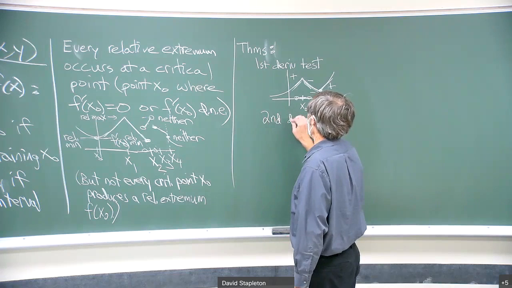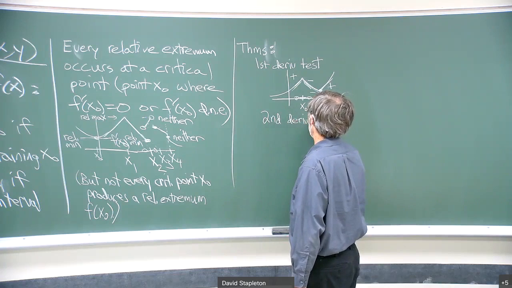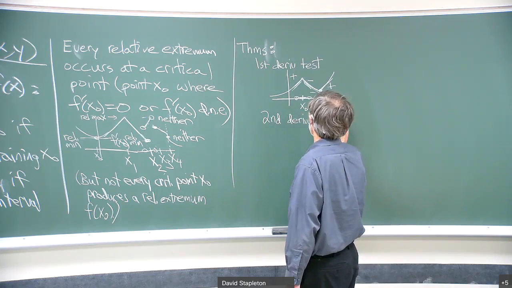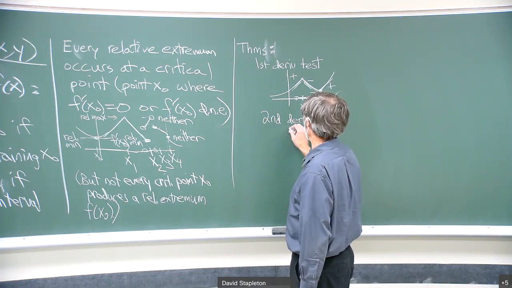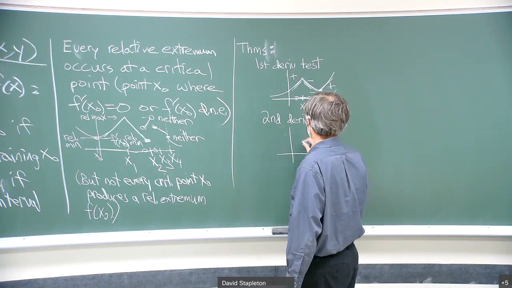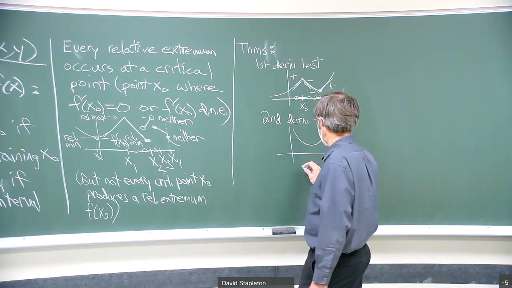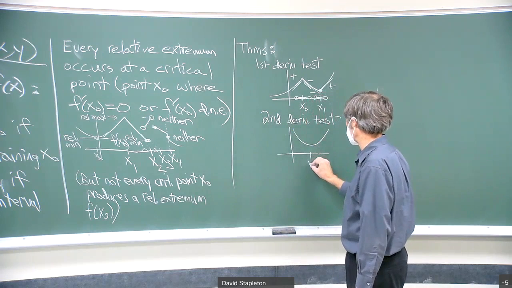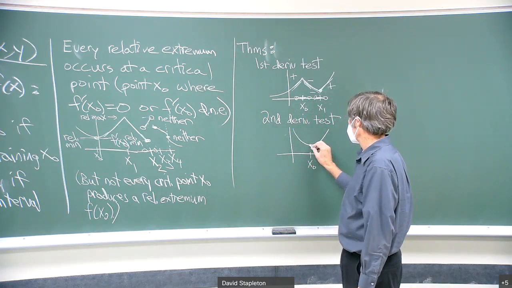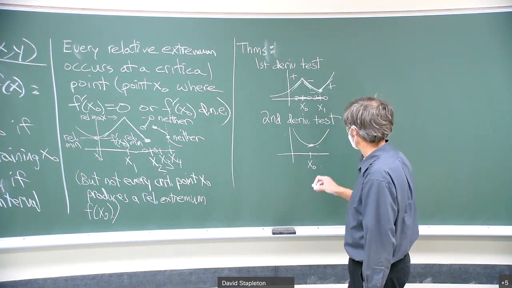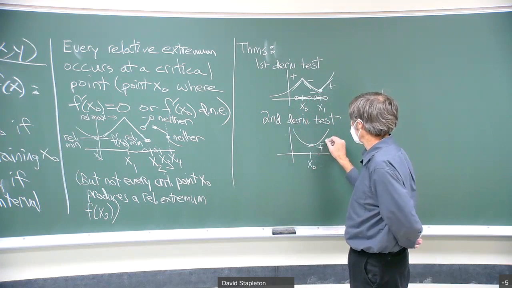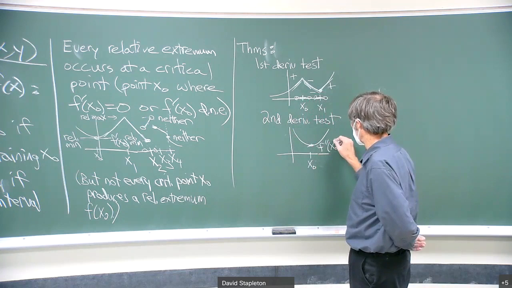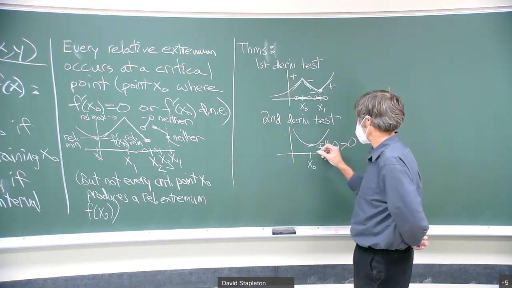Another way was the second derivative test. If you had a function like this that had a second derivative at a point, say x0, and it's a critical point, and it said that if f double prime, the second derivative at x0, was positive like this, right?